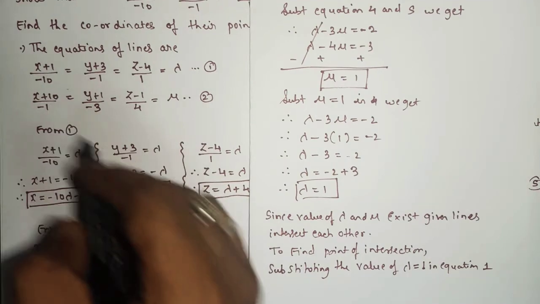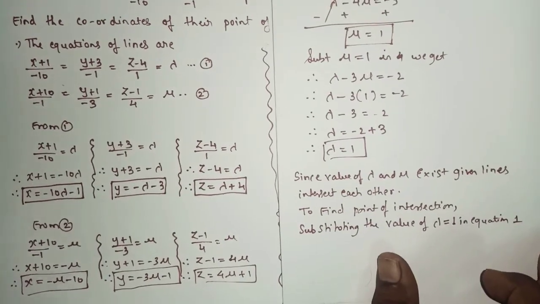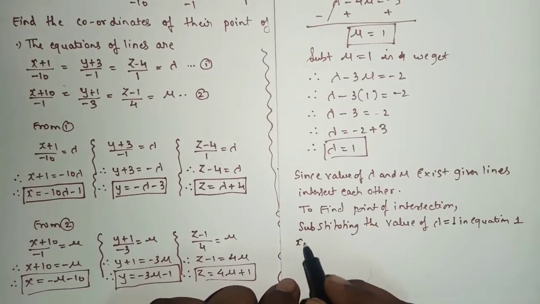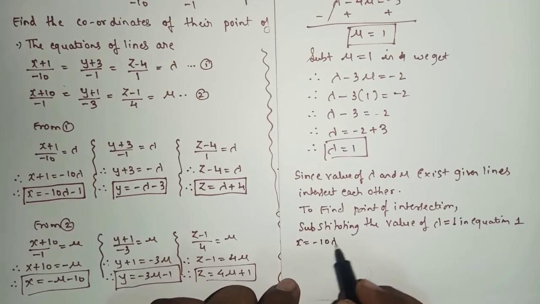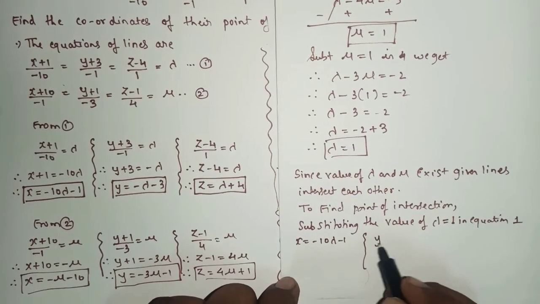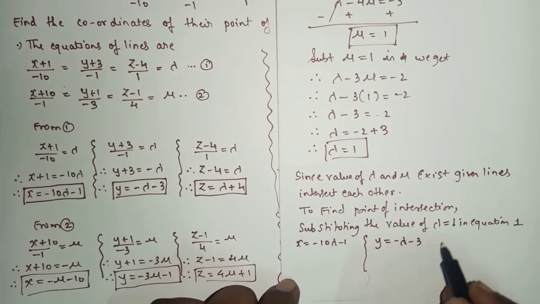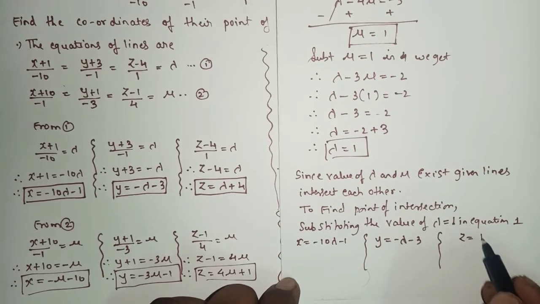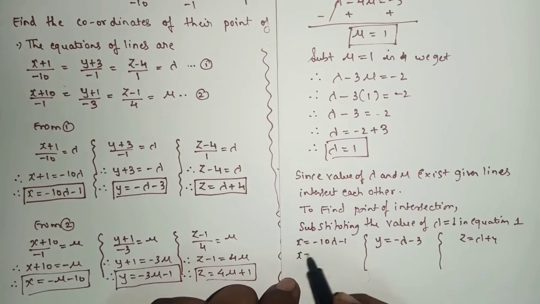From equation number 1, we got x equals minus 10 lambda minus 1, y equals minus lambda minus 3, z equals lambda plus 4. Now we'll substitute the value of lambda equals 1.